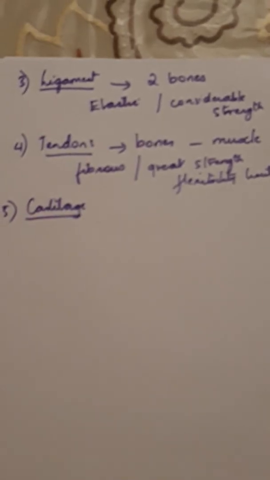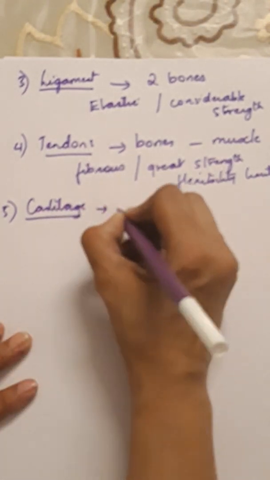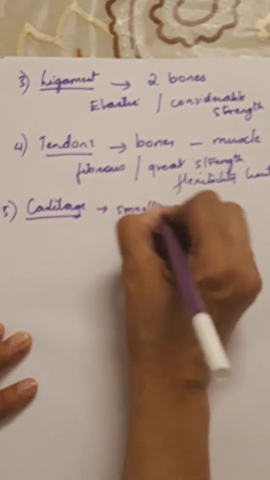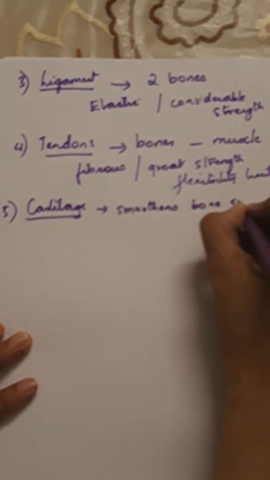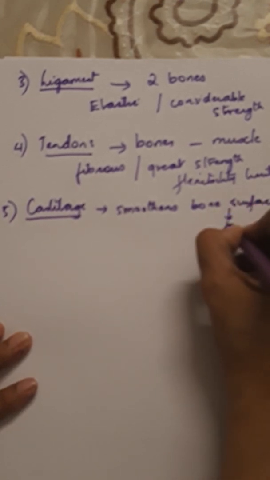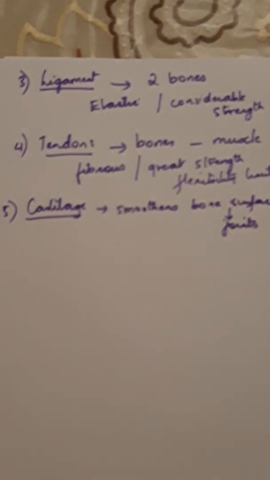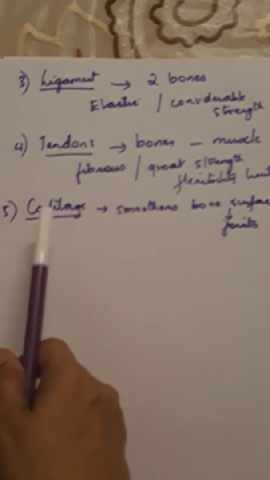Now we come to the fifth connective tissue, and that is the cartilage. We are able to twist our outer ear, the pinna. Then we can twist our nose a bit because it is made up of cartilage. So cartilage is a connective tissue that is present in our nose, our outer ear, and the trachea, which is the windpipe. The cartilage basically smoothens the bone surfaces at the joints. So in a joint, the surface of the bone is smoothened by cartilage.